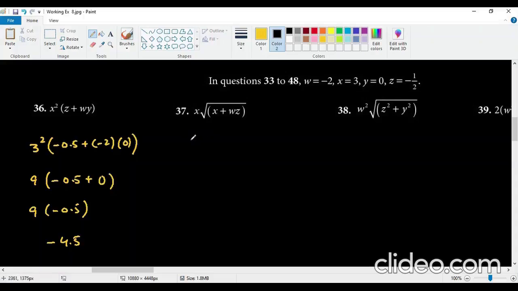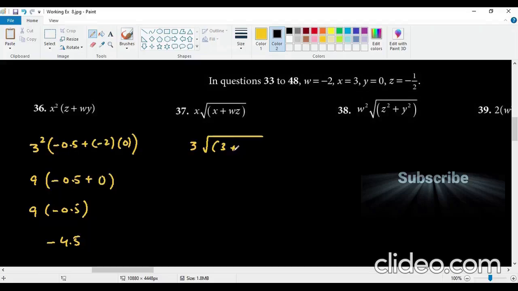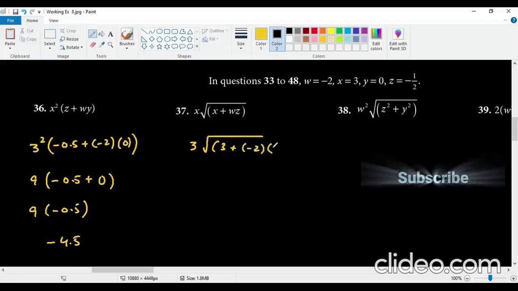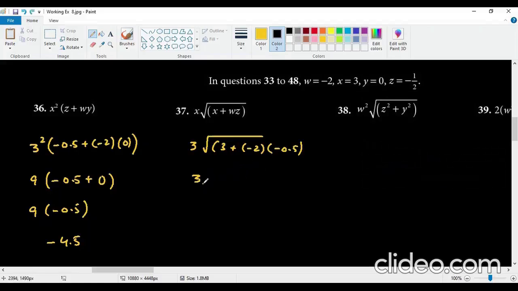For the value of x in question number 37, it is going to be 3, and here it's going to be 3 inside the bracket, plus w is negative 2 multiplied by negative 0.5, and 3 outside.